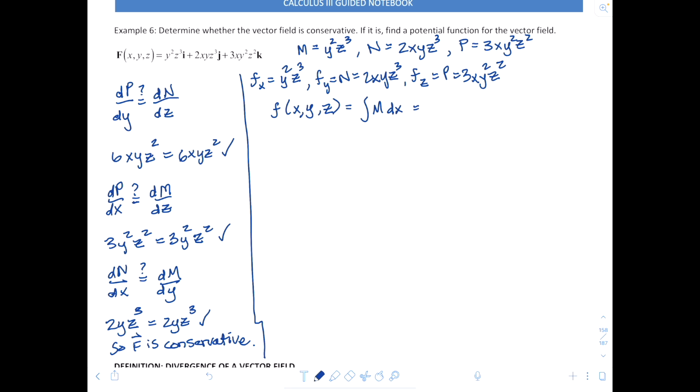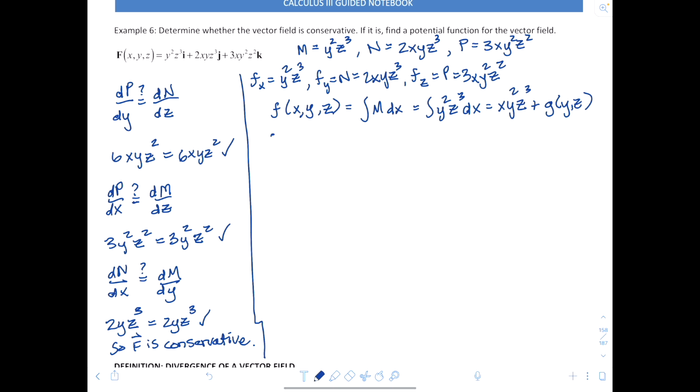We'd end up getting the integral of y squared z cubed dx, which in turn would be x y squared z cubed, and then you'd be adding some function g of y and z. Okay?